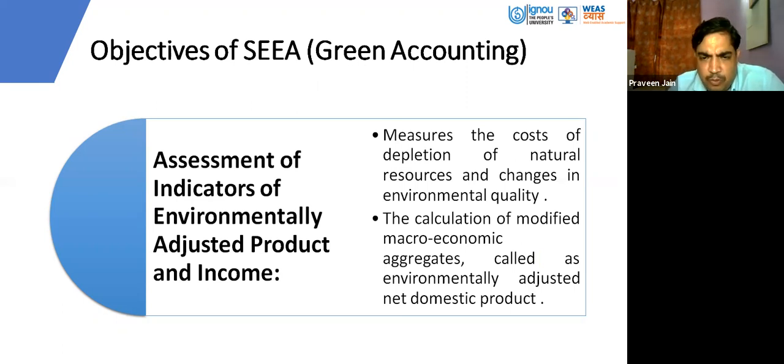Also, we calculate the modified macroeconomic aggregates, meaning the GDP or GNP. The macroeconomic aggregates calculated using these different objectives or highlights are called environmentally adjusted net domestic product or environmentally adjusted gross domestic product, or environmentally adjusted GDP.